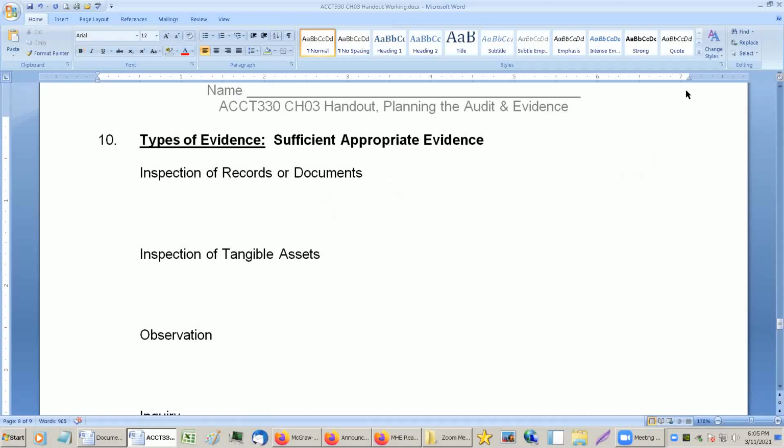One of the things about auditing, because it's all judgment, is that you can take two completely different auditors, and they can be perfectly competent and come up with different ways of getting evidence together to form an opinion. It's not uncommon at all.